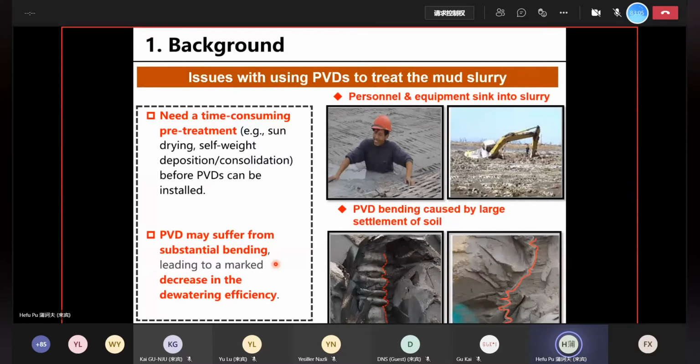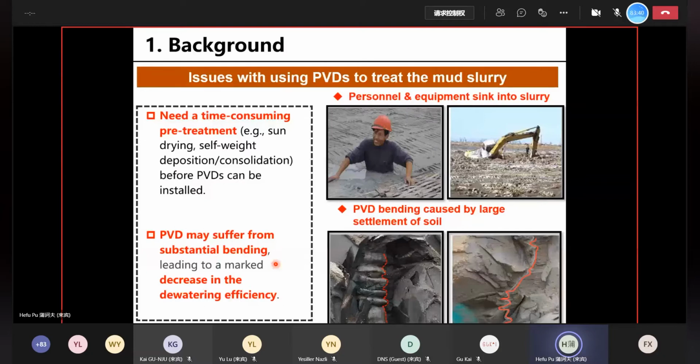So usually there is a very long, time-consuming pre-treatment before those vertical drains can be inserted into the ground. The pre-treatment includes sun drying or sometimes surcharge deposition or consolidation, depending on the method used and depending on the scale of the construction site. The pre-treatment can be very long, sometimes months or even years.